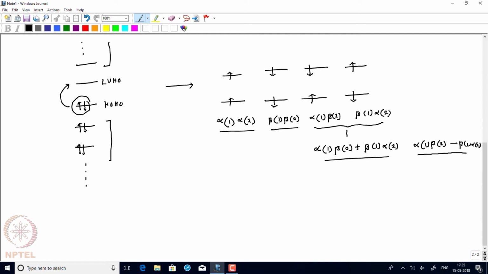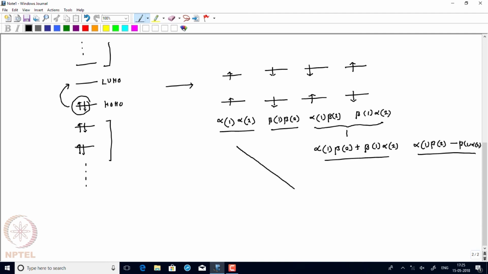However, if I change electrons 1 and 2 here, originally the wave function is alpha 1 beta 2 minus beta 1 alpha 2, and that time it will become alpha 2 beta 1 minus beta 2 alpha 1, which is the negative of the original wave function. So this is an antisymmetric combination.